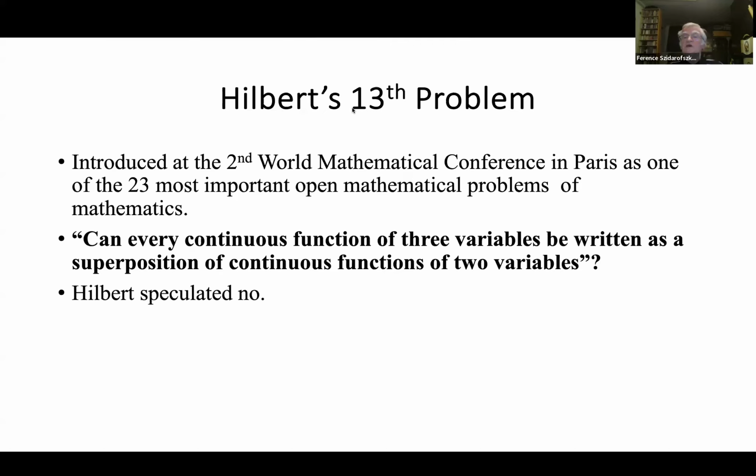But if you can rewrite it as a composition of functions of fewer variables, then it is easier to deal with. It means you have to deal with two variables several times, and it is equivalent to dealing with a three variable function, which makes things mathematically much easier. Hilbert thought it is not possible, but Kolmogorov proved otherwise. Next slide, please.